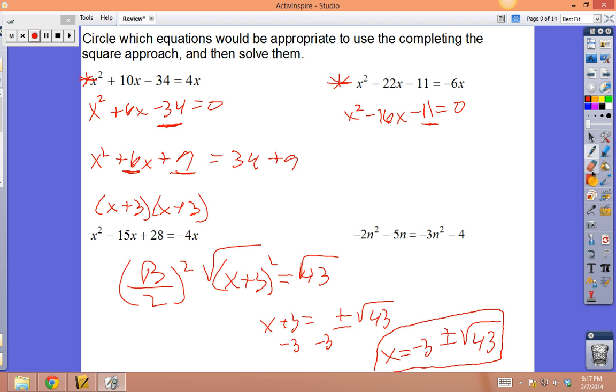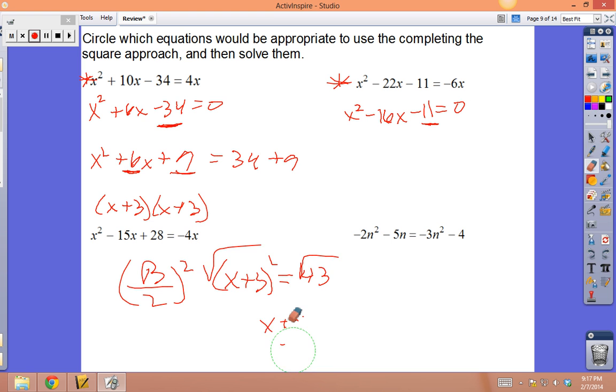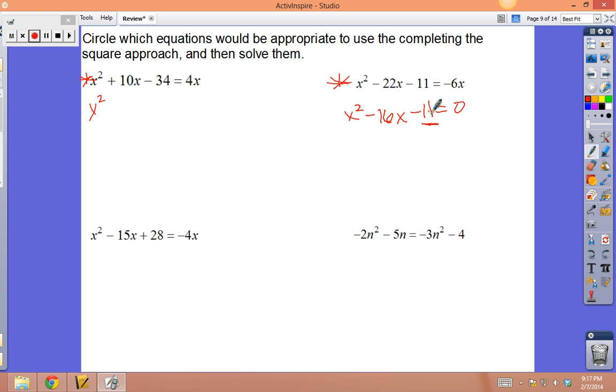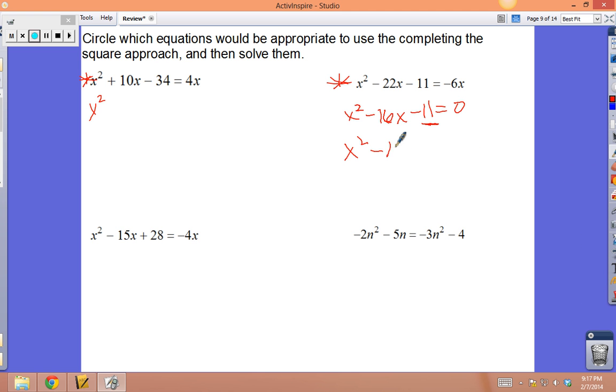Okay, let's look at this other one. I'm gonna figure out what c I want. I don't want 11, so it's gonna be x squared minus 16x is equal to 11. I want half of this, which is 8, times itself, which is 64.